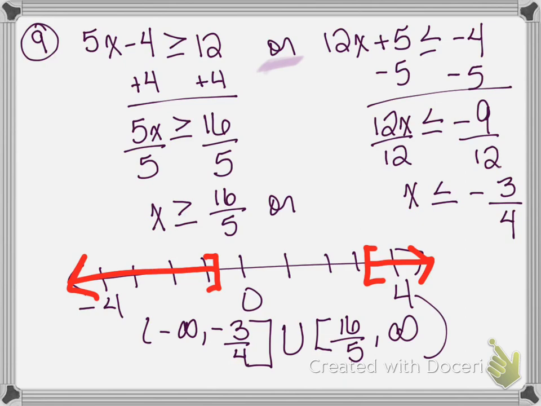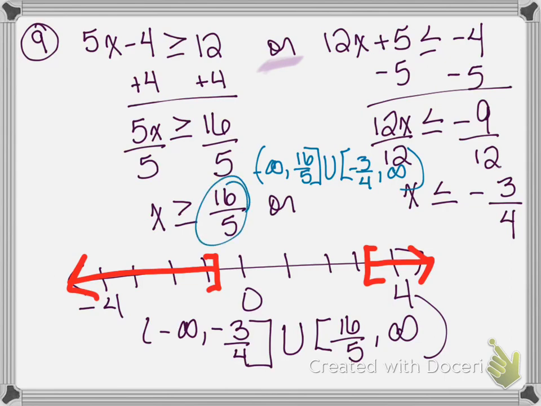Because of how this is written up here with the x is greater than or equal to 16 over 5, sometimes I'll have students do negative infinity to 16 over 5, union negative 3/4 to positive infinity. Do you see that? They just go in whatever order they get their answer, and they write it in that order, but it's incorrect.